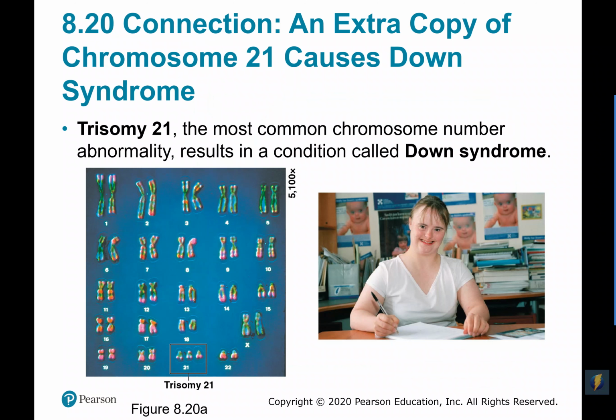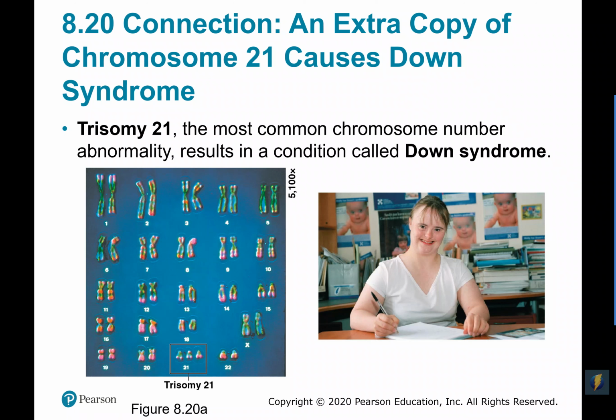If you know anyone with Down syndrome, for instance, I have a niece who has Down syndrome. It's called trisomy 21. Essentially, they've got an extra chromosome here at chromosome 21. So instead of having 2, they've got an extra there.